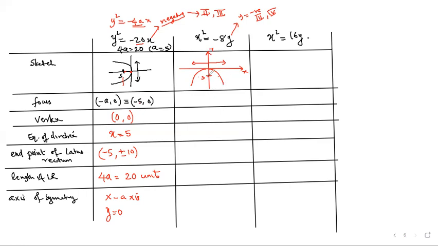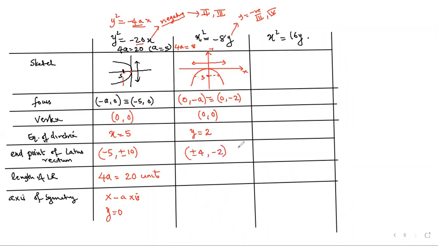So because the focus is on the y-axis and negative side, 0 comma minus a. 4a is 8. So a is 2. Vertex 0, 0. Directrix is y is equal to a. End point of the latus rectum: focus is minus 2 here. So plus or minus 4 comma minus 2.